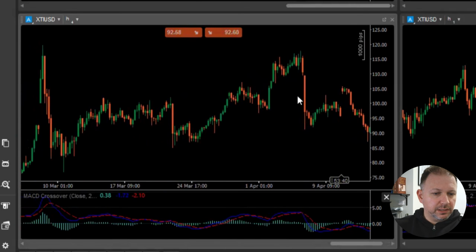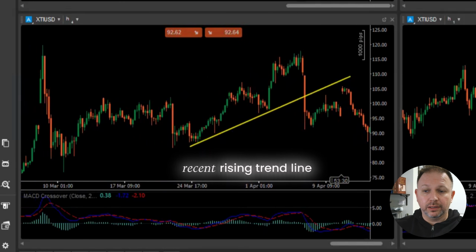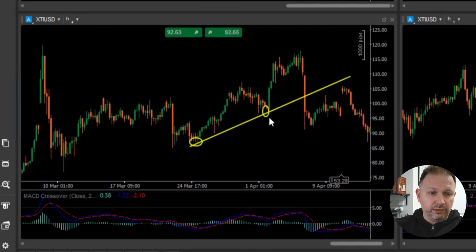Okay, so I missed the first drop. It was right after the tweet, but the interesting part here is that the most recent rising trend line, as you can see on the 4-hour chart, was broken to the downside. And not just that, it is gaining momentum with the MACD moving average crossover and the histogram goes down.